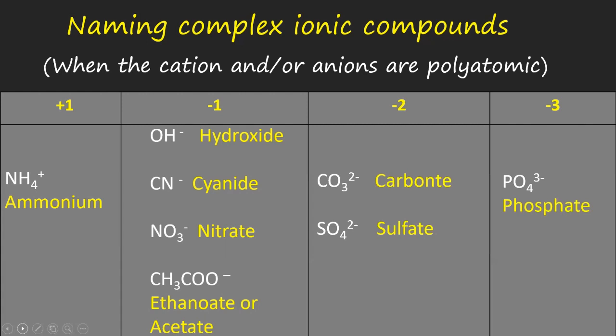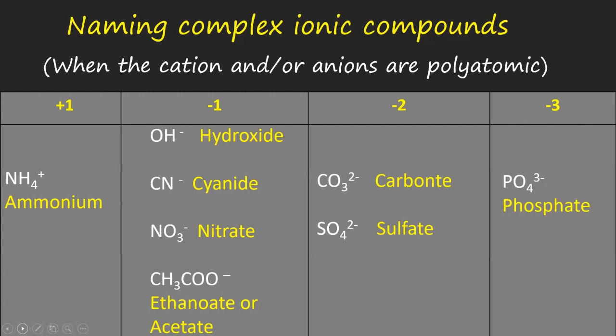If you have already watched the video on naming simple or binary ionic compounds, the procedure is the same, the method is the same with a few changes. If you have not watched that already, please watch that before we go ahead. Now we'll do some examples using the cation and anion which are polyatomic.